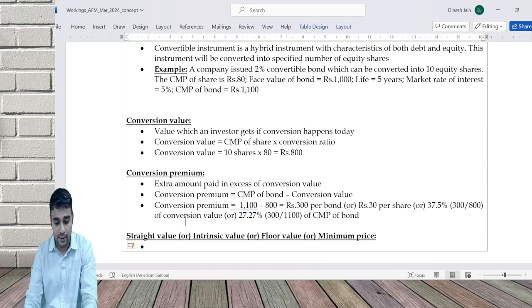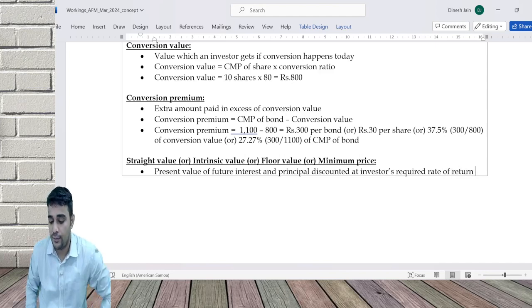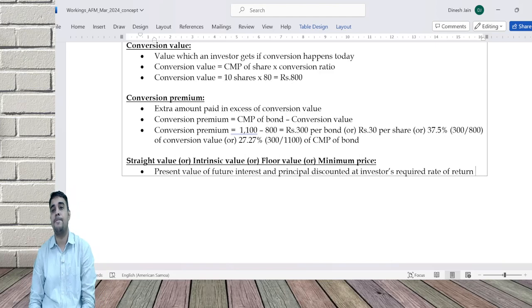So now write: present value of future interest and principal discounted at investors' required rate of return.